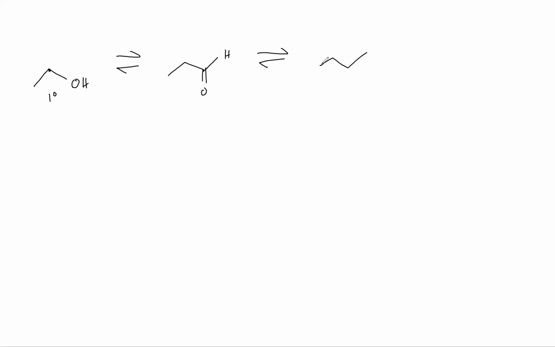Then this can become a carboxylic acid. So if we look at the oxidation states, we can see that the carboxylic acid is going to have an oxidation state of +3. This one here is going to have an oxidation state of +2. And this one here is going to have an oxidation state of -1. Okay?